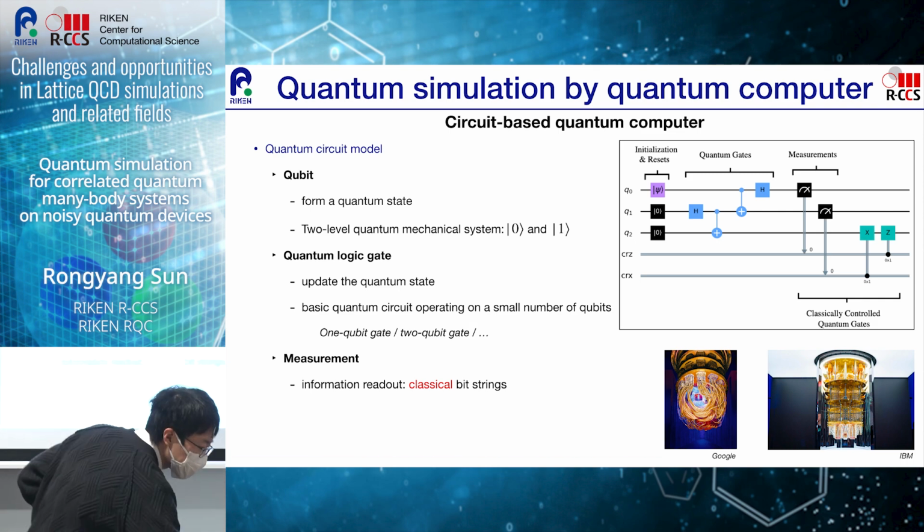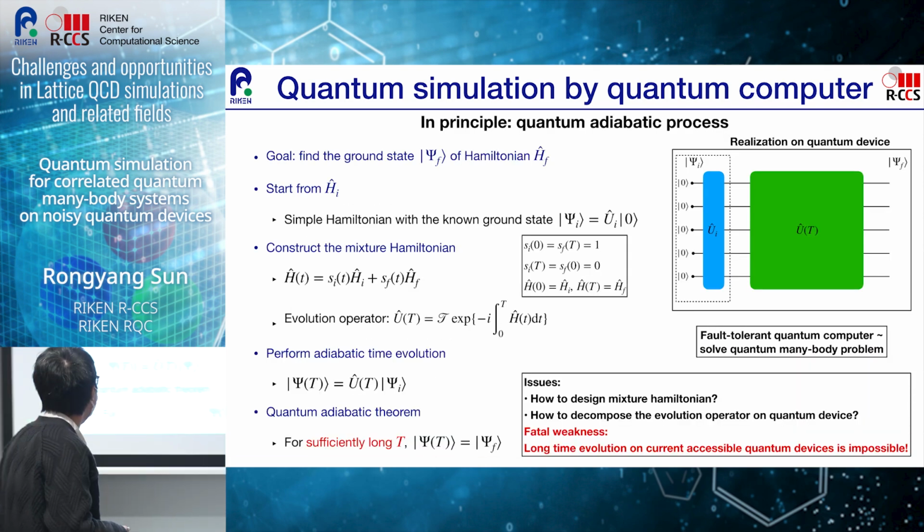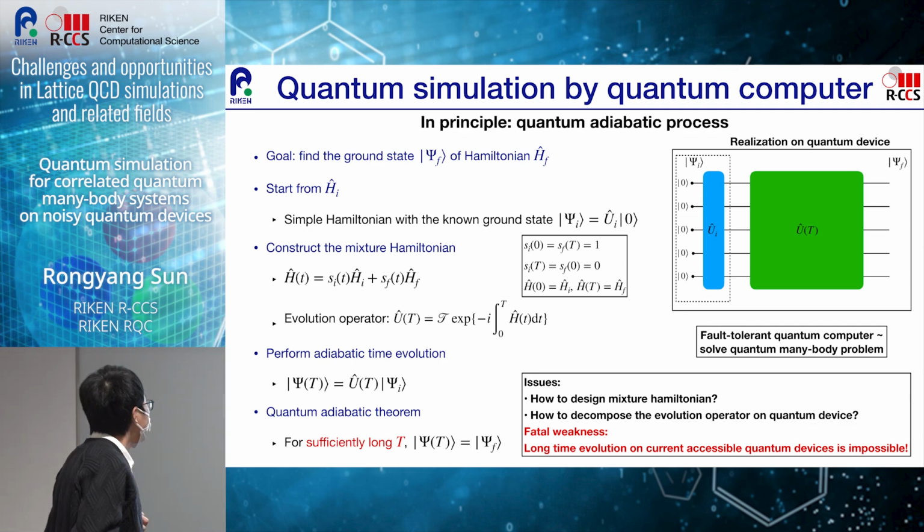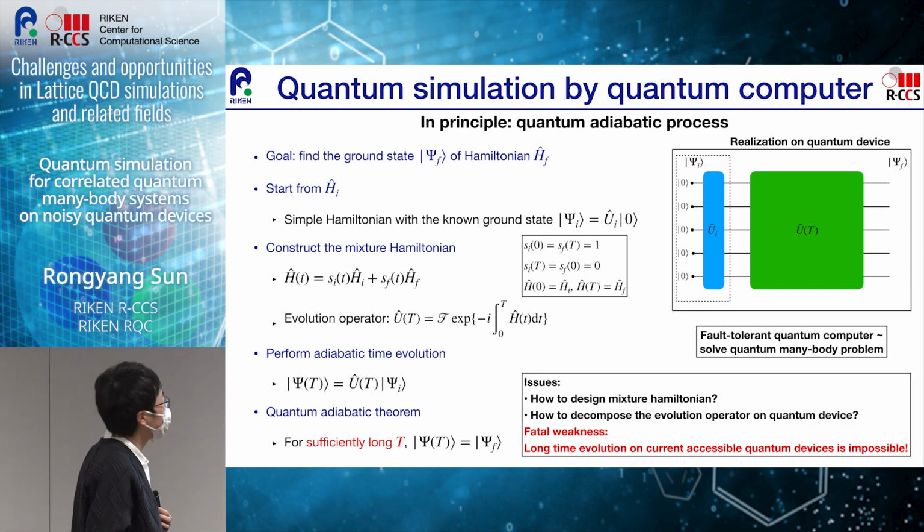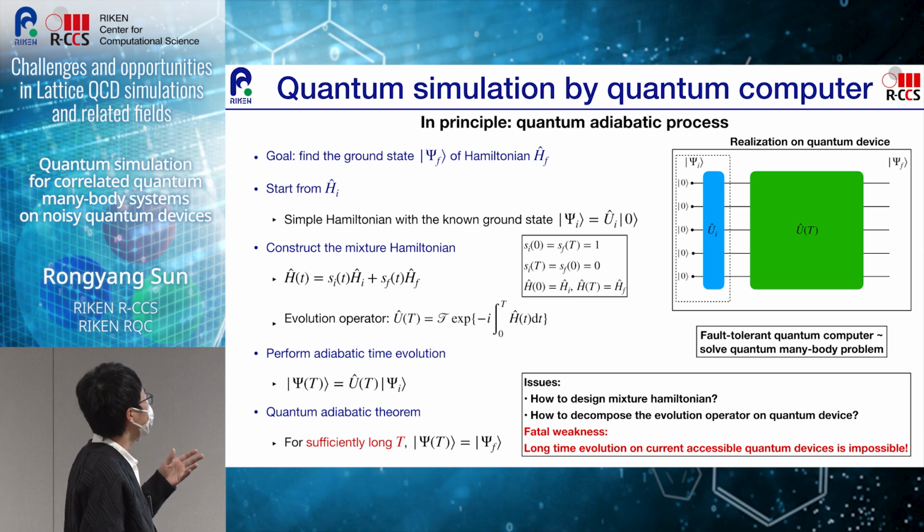Here I focus on how to solve the quantum many-body problem by quantum computing. In principle, we can use the quantum adiabatic process. Our goal is to find the ground state of some Hamiltonian of interest, H_F. We start from a very simple Hamiltonian H_I with a known ground state.